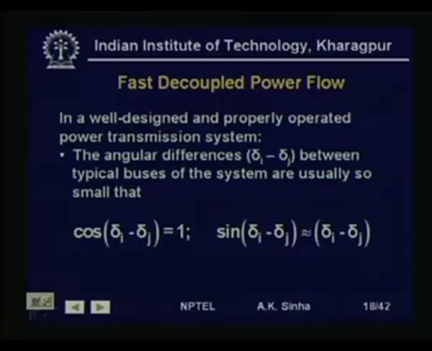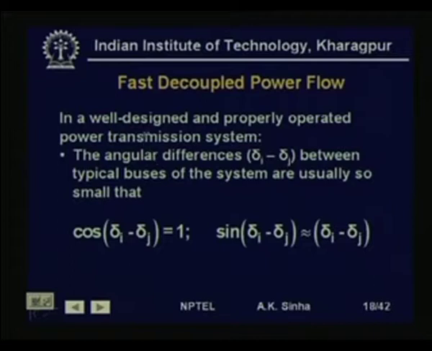So, this does not really help much. So, some other improvements, looking at the physical aspects of the power system, were suggested in the form of a fast decoupled power flow method. Now, how this method was developed is based on certain assumptions which are valid for a properly operated power system.